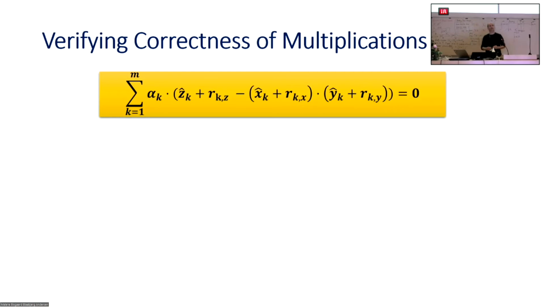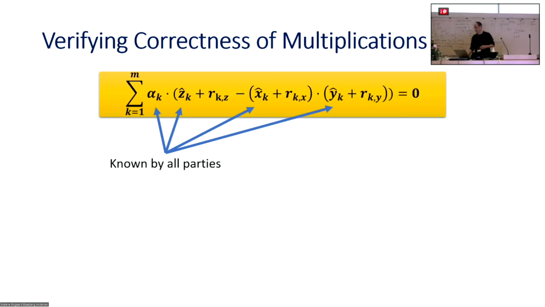If we look into this equation, we can see that all these values are basically known by the parties. These include the random coefficients, the alpha k's, which are chosen jointly by the parties at the beginning of the verification protocol and become public. So these are known by all parties.